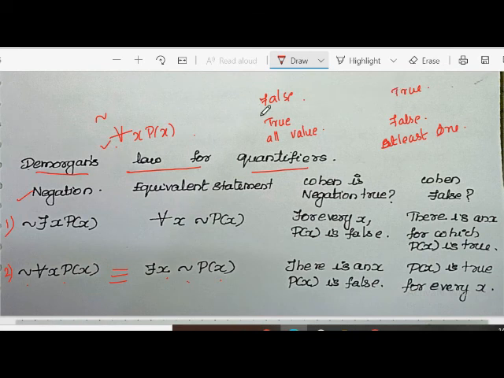So when it is false or when it should be true, negation is, see here, there is an x for which p of x should be false. So this is false here and that should be true here. So p of x is true for every x when it becomes false.